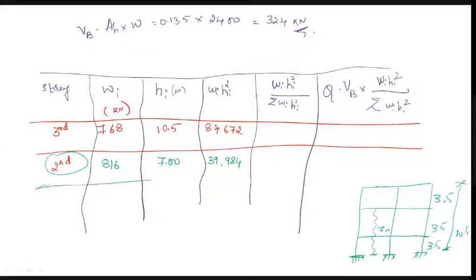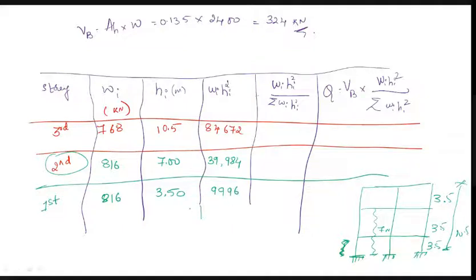Then we'll go for the first floor. For the first floor we have the same weight, and this height is 3.5. On multiplication we will get 9996.